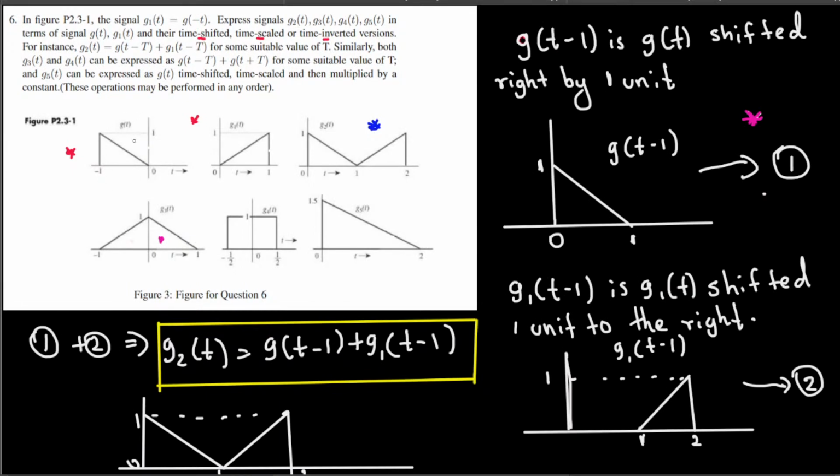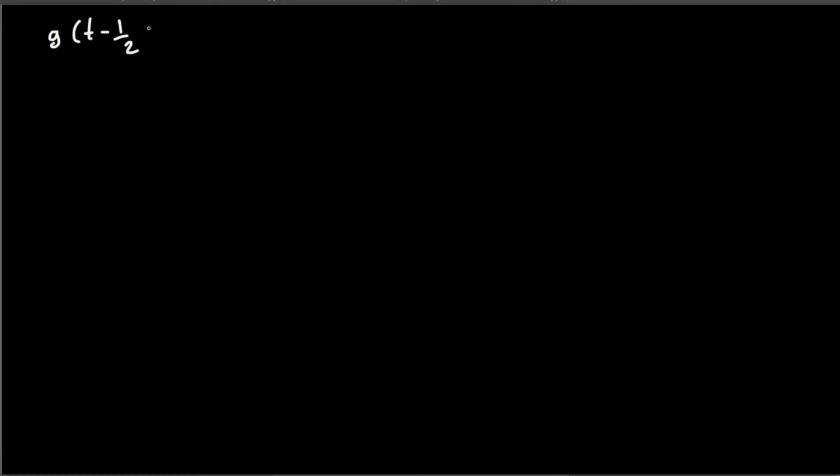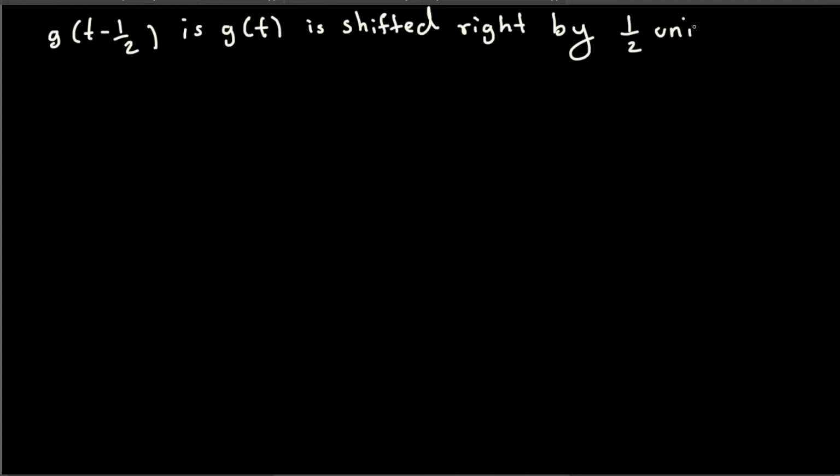Okay, so g of t minus half, g of t is this graph. I'm moving this one half unit to the right. g of t minus half is g of t shifted right by 1 over 2 units, and the graph is going to look like this.